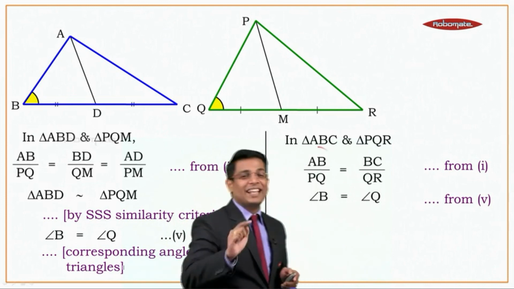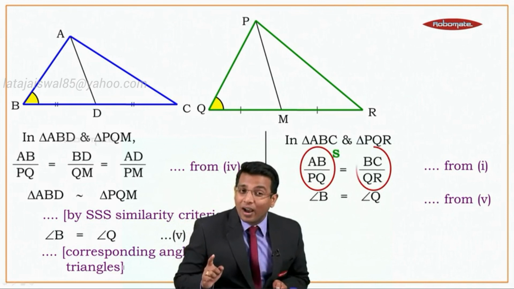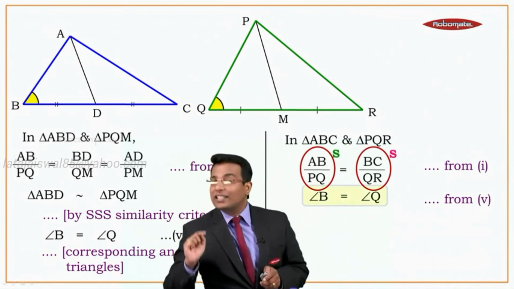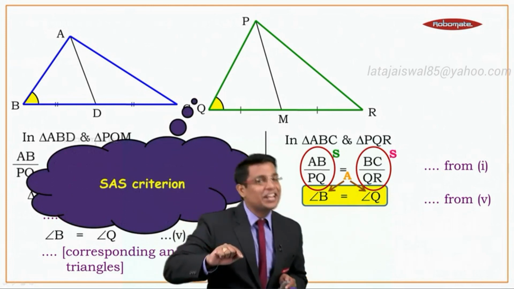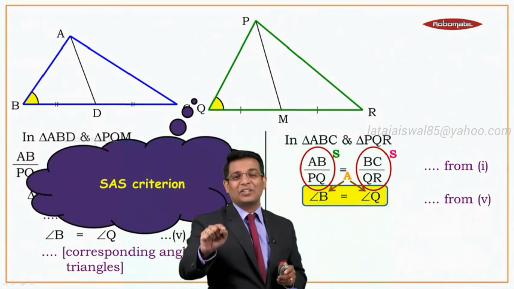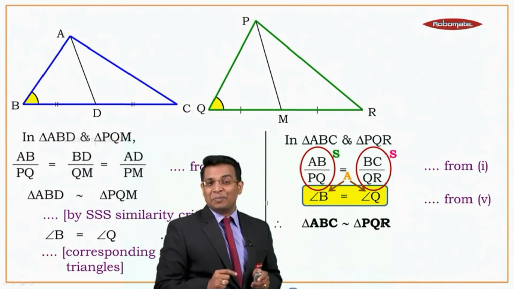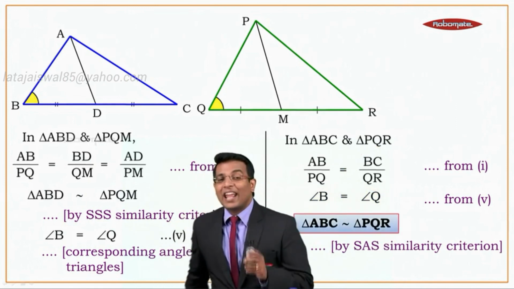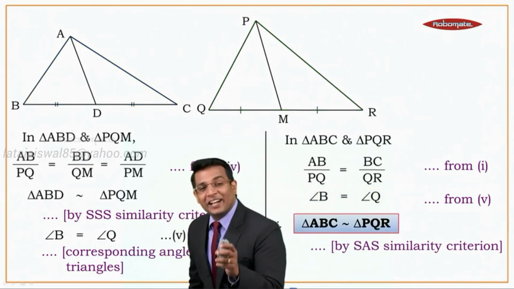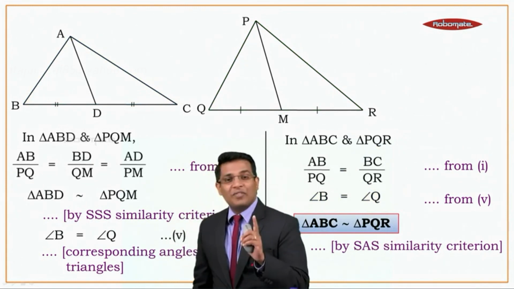So now we say that these two triangles, triangle ABC and triangle PQR, are similar to each other. You know by which criterion? They are similar to each other by SAS criterion. And therefore we write the last statement: therefore triangle ABC is similar to triangle PQR by SAS similarity criterion. Now we got the sum. Wasn't this easy? A very, very, very important sum.